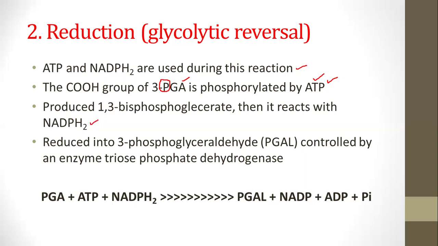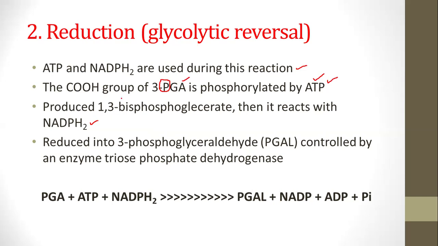After the 3-phosphoglyceric acid reacts with ATP, the compound produced is known as 1,3-bisphosphoglycerate.